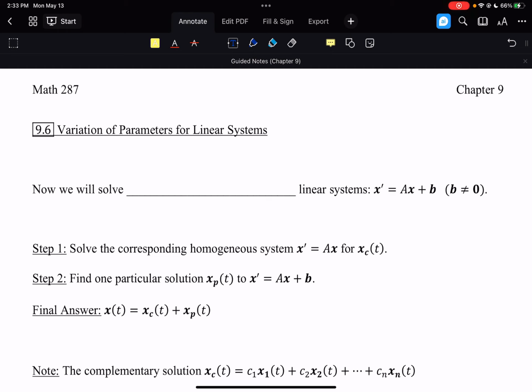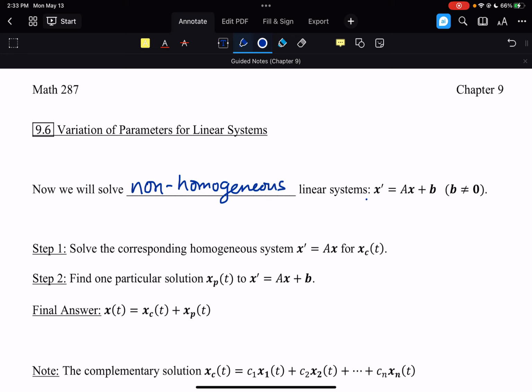Those are of the form x prime equals Ax with no additional plus b term. Today, in this section, we're going to be looking at solving non-homogeneous linear systems. So that is x prime equals Ax plus b, where b is non-zero.